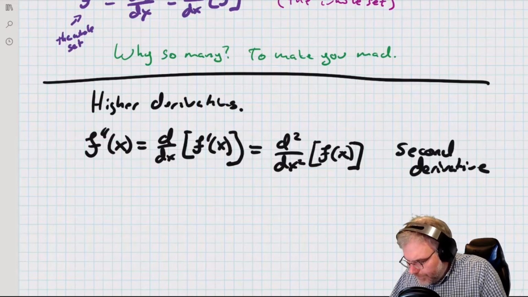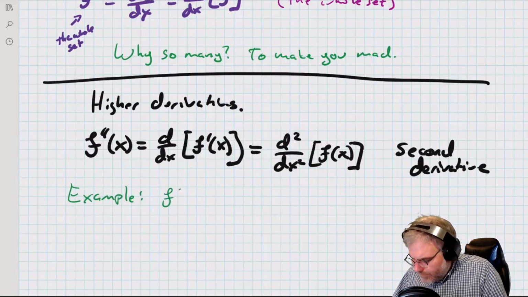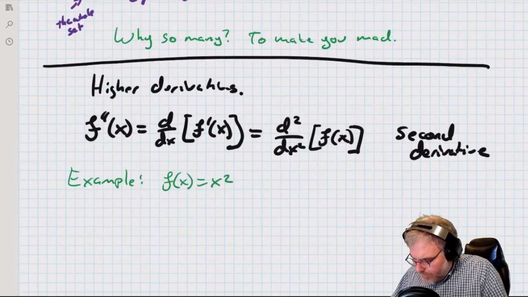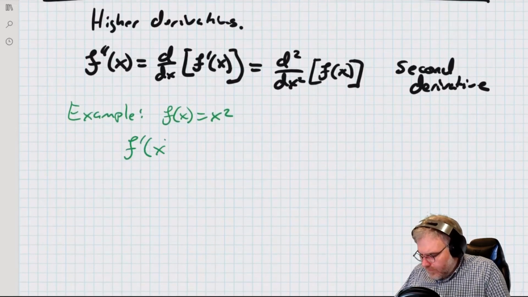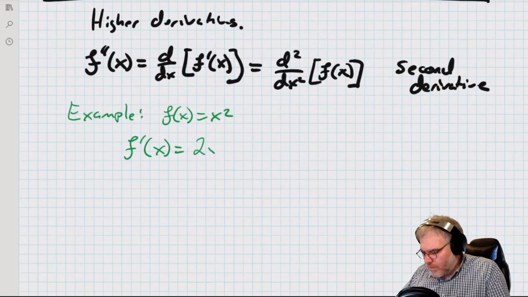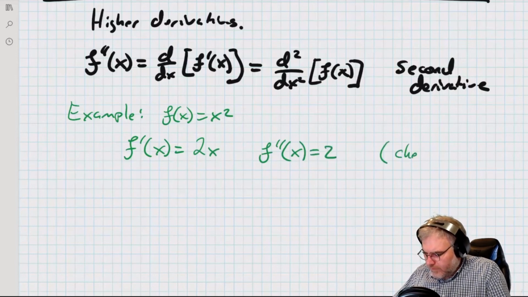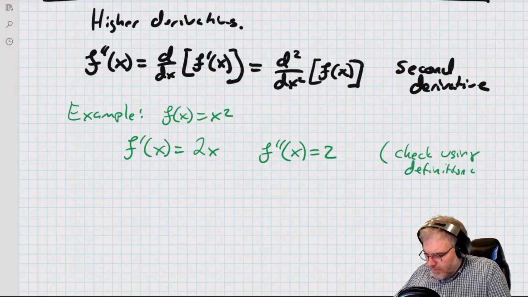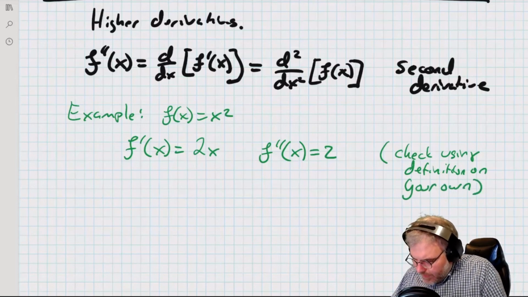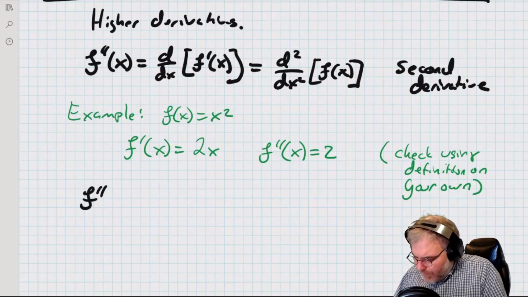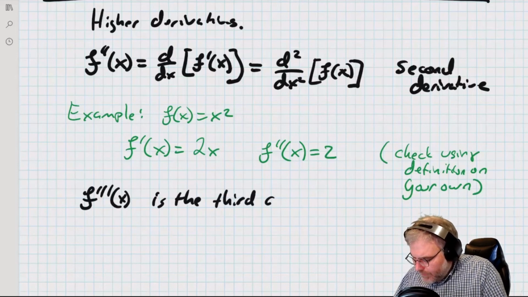So, example. Okay. f triple prime of x is the third derivative.